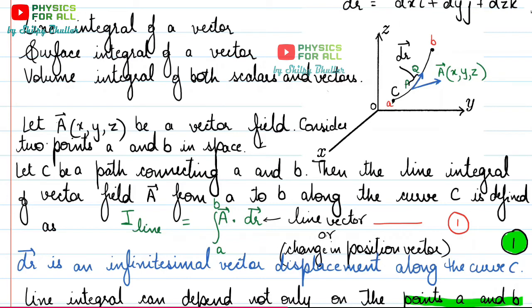And why are we saying displacement? Because after all, vector A is a vector field, and dr is also a vector. And of course, in case of vectors, we have displacement. What is the difference between distance and displacement? Distance is a scalar quantity and displacement is a vector quantity, because it has both magnitude and direction. Since this vector field A is a vector quantity, we have to consider all the terms as vector quantities to understand it.